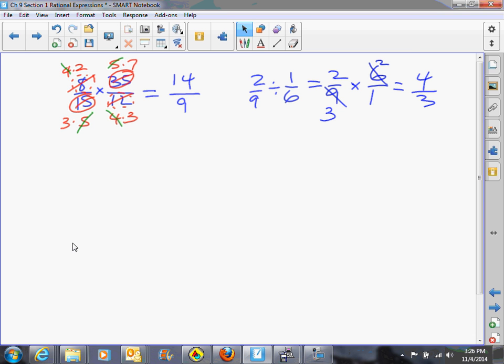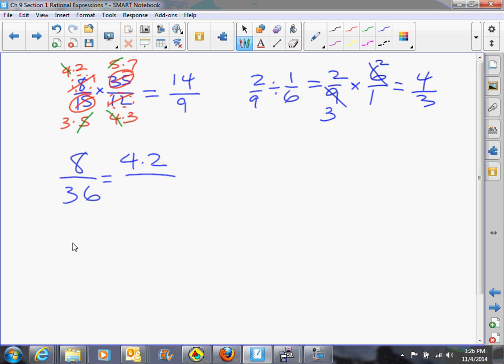One other thing maybe I should mention is if you have a fraction like 8 over 36 and you want to reduce this fraction, again, what you are canceling is factors that are common to both terms. 8 you could think of as 4 times 2, 36 you could think of as 4 times 9, and with that, the factor of 4 in the numerator cancels with the 4 in the denominator. So anytime there's a factor of the problem in the numerator that's the same as a factor of the problem in the denominator, you can cancel it.